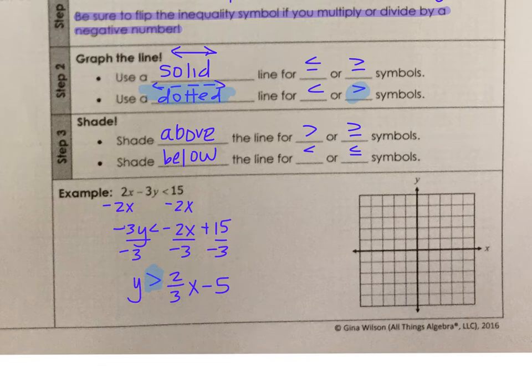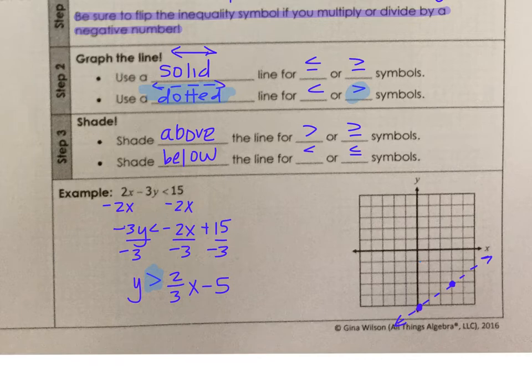So let's graph this. Negative 5, 1, 2, 3, 4, 5. My rise is 2, my run is 3. So this is where my line's going to be. Instead of drawing just a normal line, just do a dotted line. Okay, step 1. Step 2, actually it's step 3 now.